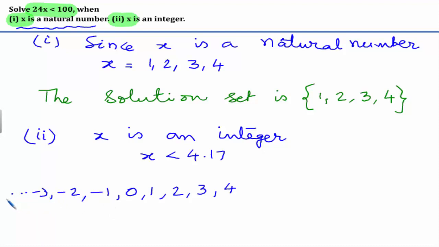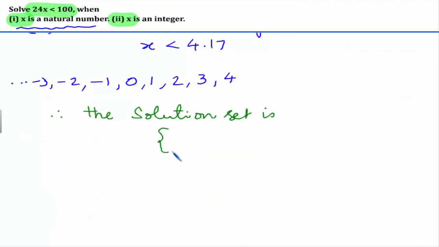So therefore the solution set is ..., -3, -2, -1, 0, 1, 2, 3, 4. That means we get all infinite negative values, along with them 0, 1, 2, 3, 4.